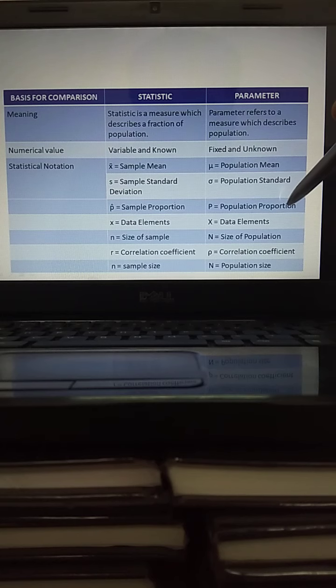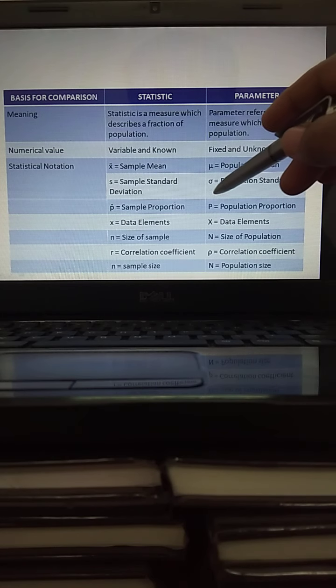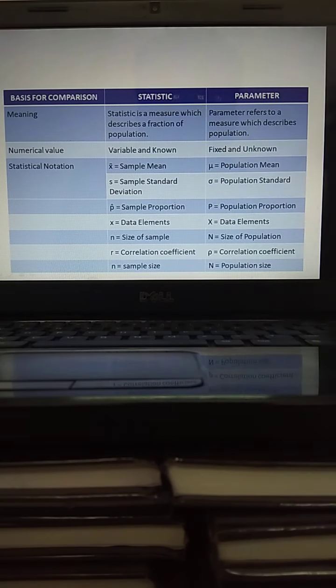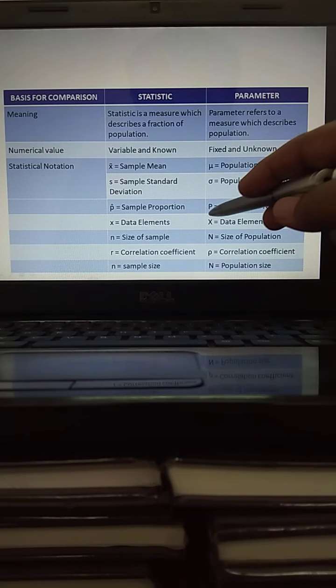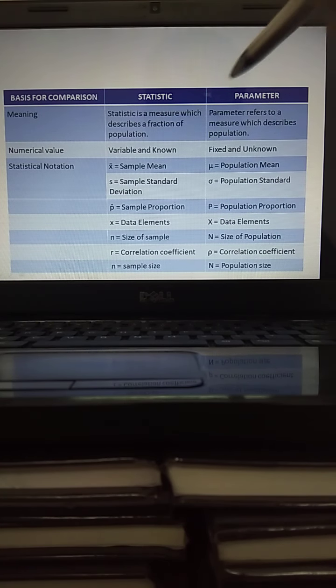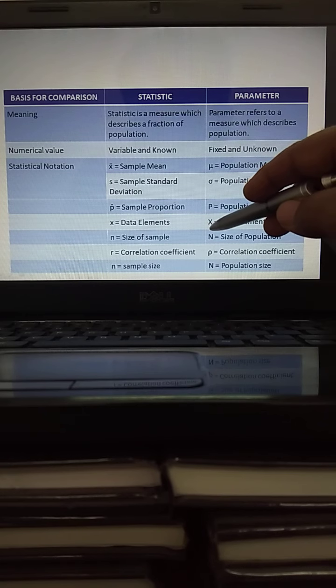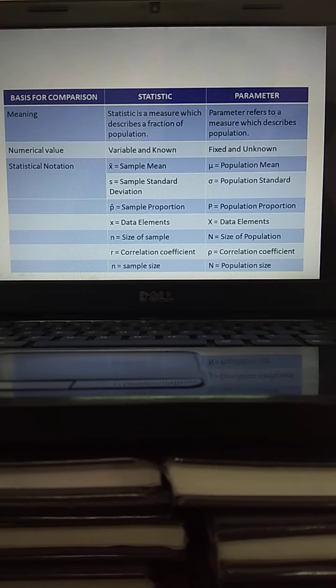The population proportion we apply with the symbol capital P. Data elements in the sample are small x, and the items in the population are represented by capital X. The size of the sample is small n. The size of the entire population is capital N. The correlation coefficient of the sample is denoted by small r. The correlation coefficient of the population is represented by rho.